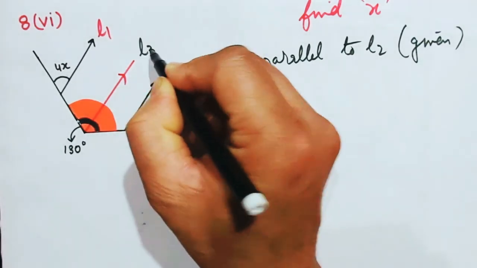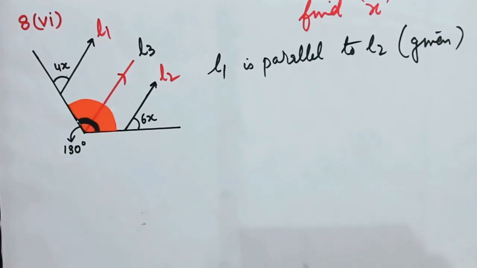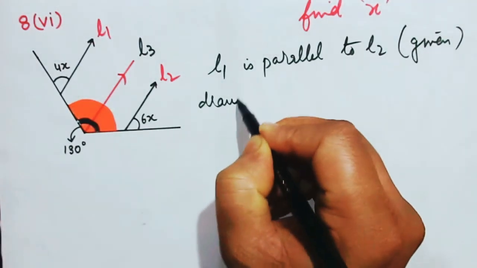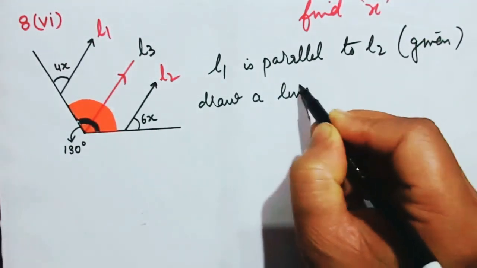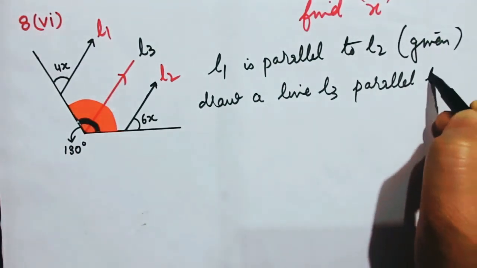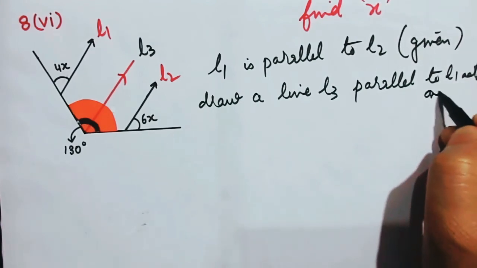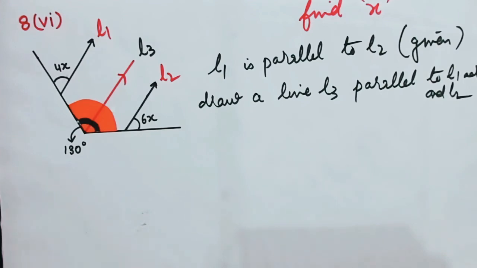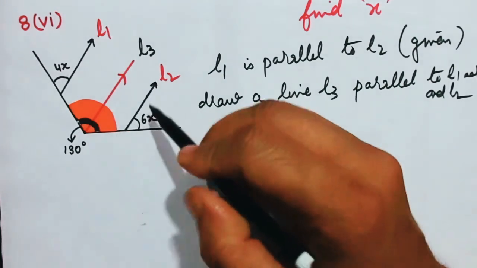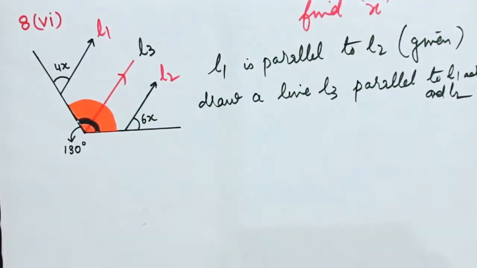We drew L3 parallel to L1 and L2. Now, after we drew a line parallel to L1 and L2, let us look at them one by one.